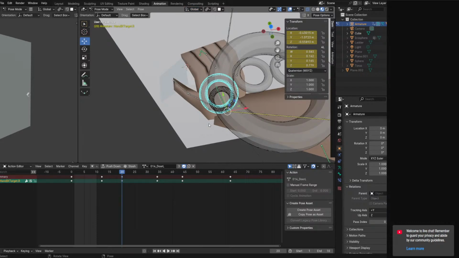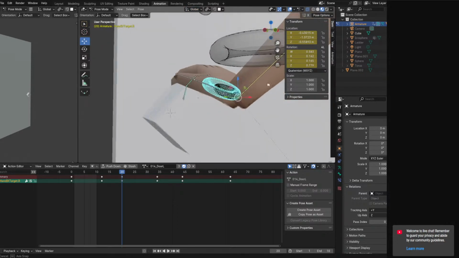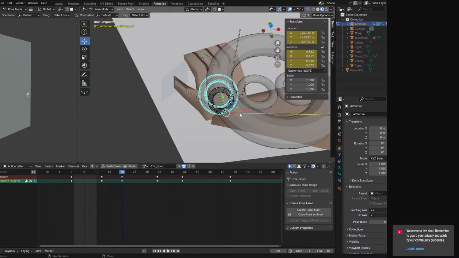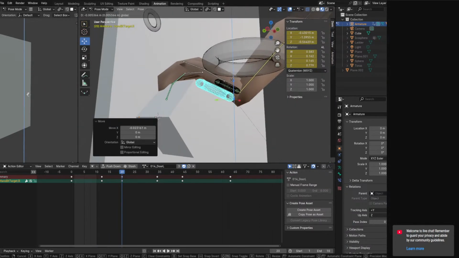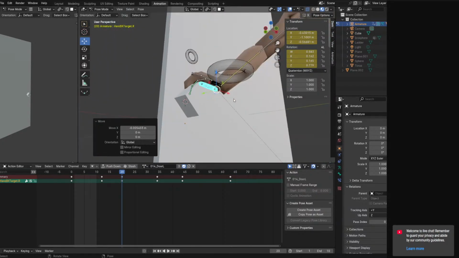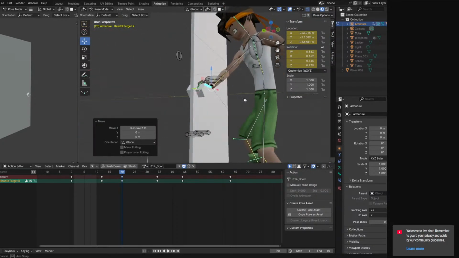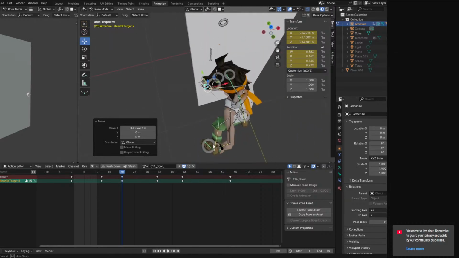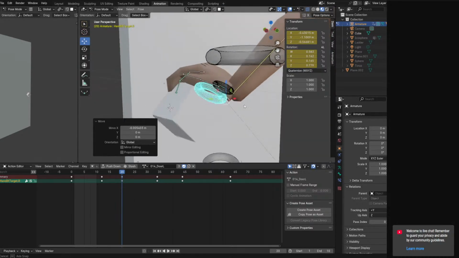Excuse me. Actually, I might use this door model. It's already an improvement on the previous one.